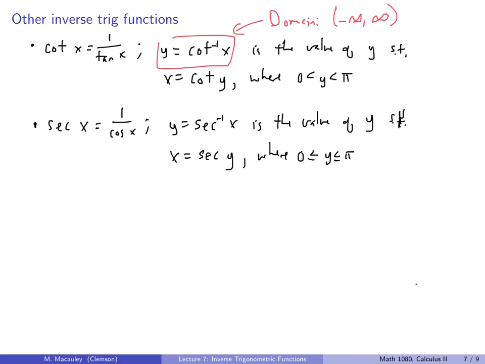And now, be careful here, y cannot be equal to pi over 2, because when y is pi over 2, it's not going to be defined.